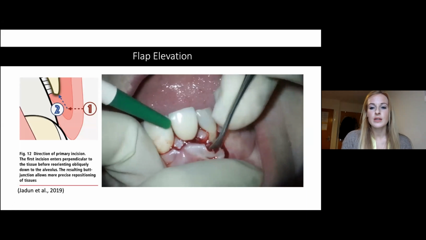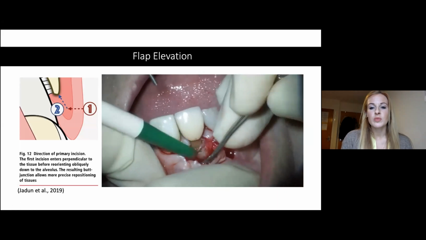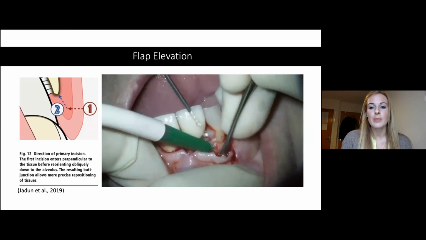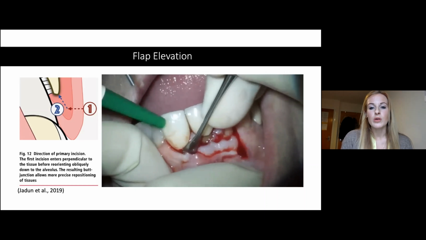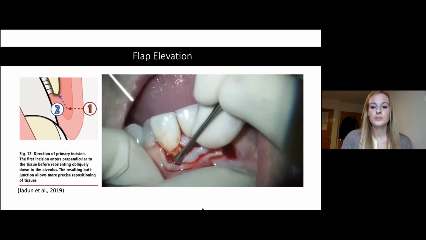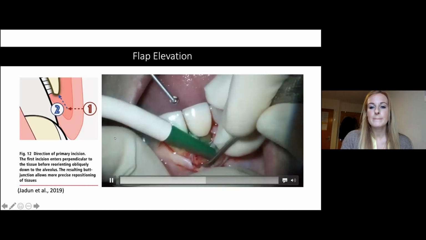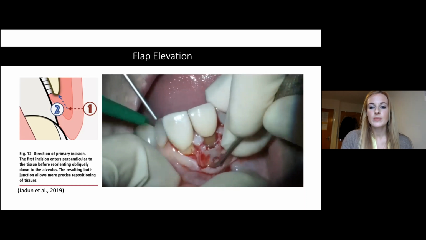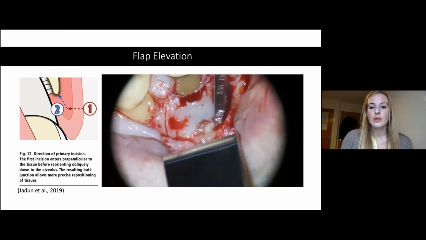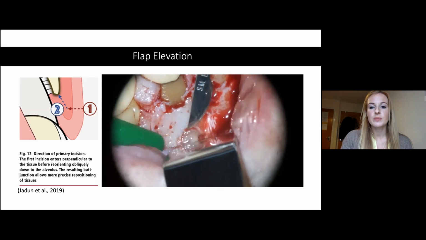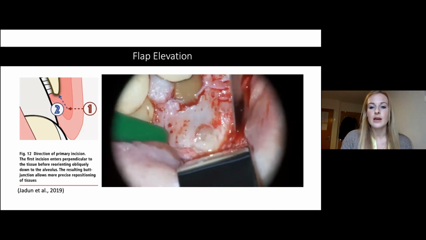So you can see the relieving incision there and the microsurgical instrument you use to elevate the flap, keeping the papilla integrity around the 1-1. Here you can see access to the crypt and the infection and suppuration exuding from that site.